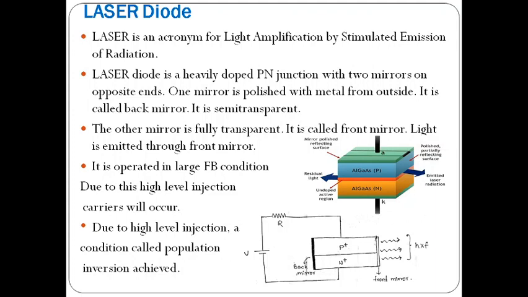So the spontaneous emission is converted into the stimulated emission by using the mirrors. These mirrors are converting the spontaneous emission to stimulated emission.